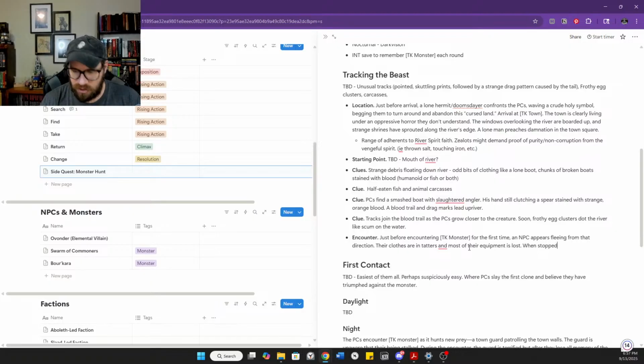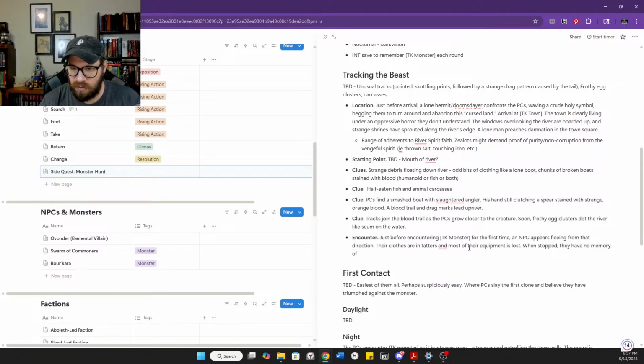When stopped, they have no memory of why they were running or why they were so terrified.